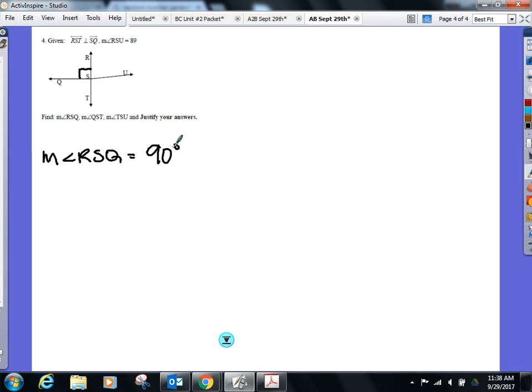Why did you put a right angle symbol there? What told us to put a right angle symbol other than me? Perpendicular lines form right angles.